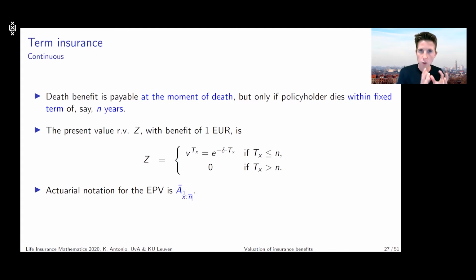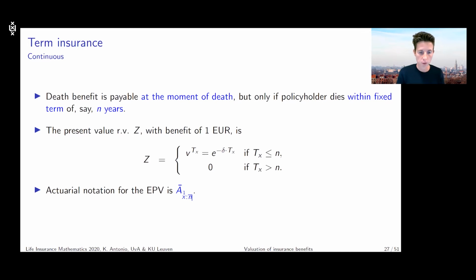The 1 is put on top of the x because it refers to the fact that this insurance product is going to pay if the death of x happens first, before the end of the duration of n years. That also means that later on today, we will see examples where we put the superscript 1 on top of the n, and that's then a different product.